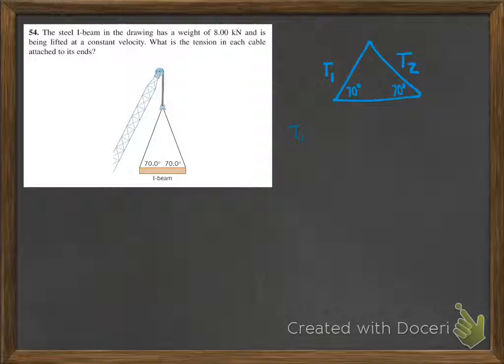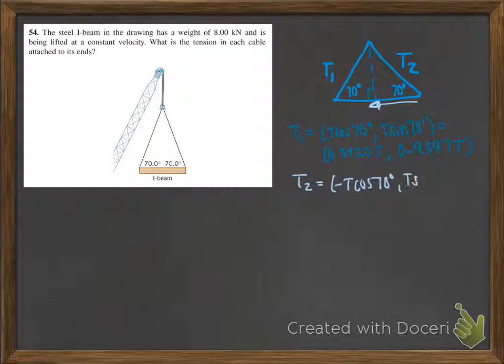To find tension 1, just draw a right triangle and put a line down the middle of that triangle, and it's just T cosine 70 degrees and T sine 70 degrees. So you just find the component form of T1. You do the same thing for T2.